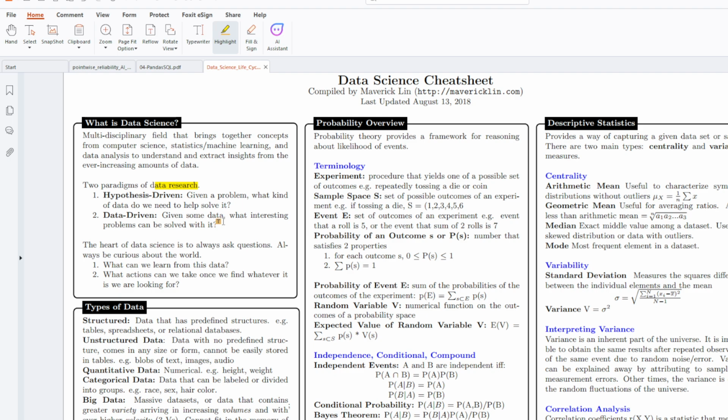Remember last class I told you that the moment you have data, you don't just jump into the data and start analyzing it. No, you have to be systematic. You have to be scientific. So what you need is to ask questions. What are you trying to achieve with this data?